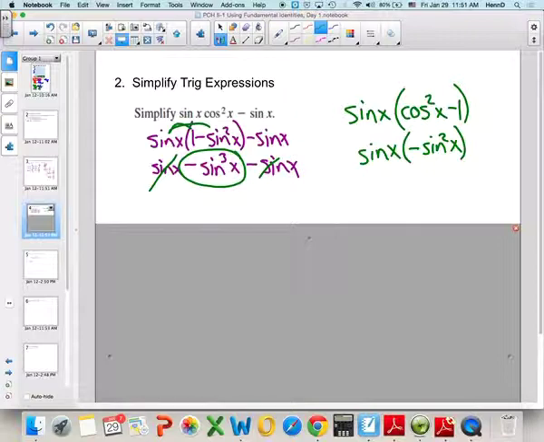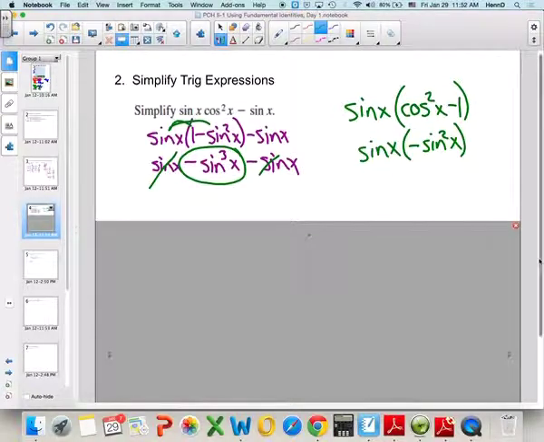And then that'll equal a negative sine cubed. So either way is totally fine. It's whatever you see. That's why I like these a lot, because you'll get 4 different people doing 4 totally different strategies, and they all work a lot of times.